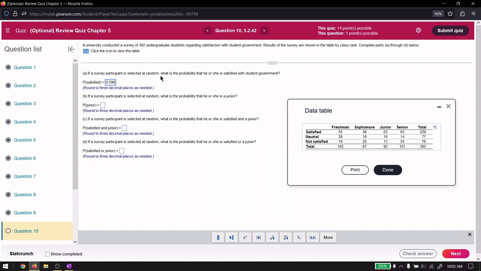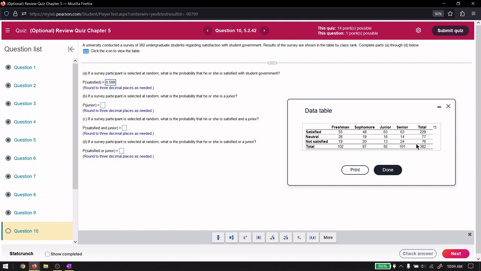Okay, if a survey participant is selected at random, what is the probability that he or she is a junior? So selected at random, what is it, a junior? We do not care if they're satisfied, neutral, or not satisfied. We only care if they're a junior. And if you count down the junior column, you're going to get 92. So 92 of the people that were surveyed were juniors.